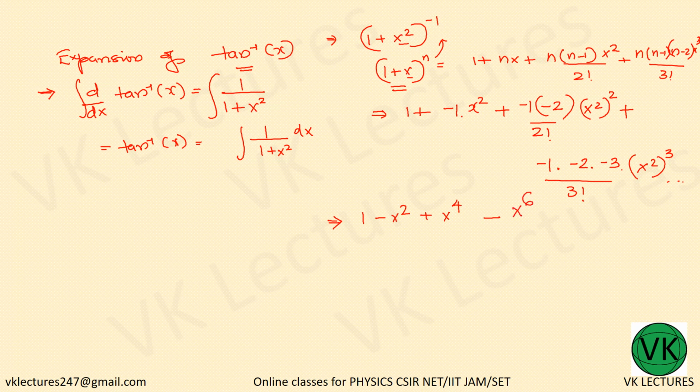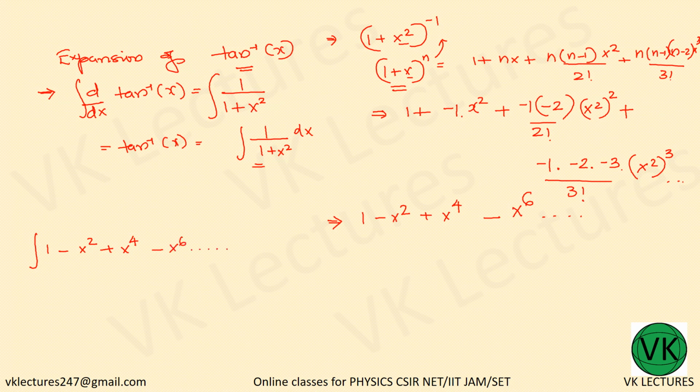That 2 3 has gone, so we need not worry. Now this we understood, but we didn't get to our formula because we have to integrate this now. So tan inverse x is integration of 1 minus x square plus x to the power 4 minus x to the power 6, etc.